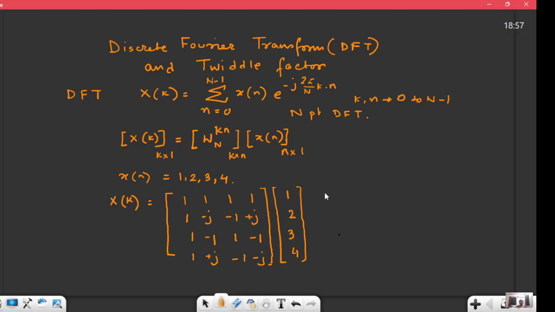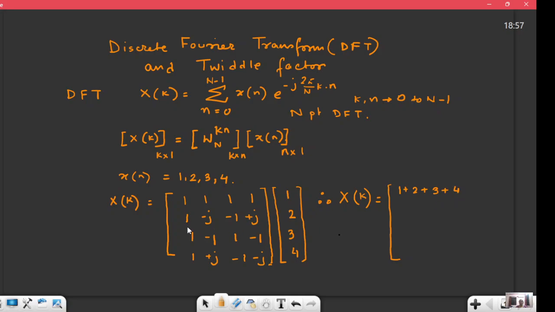Therefore I can write x of k on the left hand side is equal to just matrix multiplication will give you the output. So 1 into 1 plus 2 into 1 plus 1 into 3 plus 1 into 4. So 1 plus 2 plus 3 plus 4.